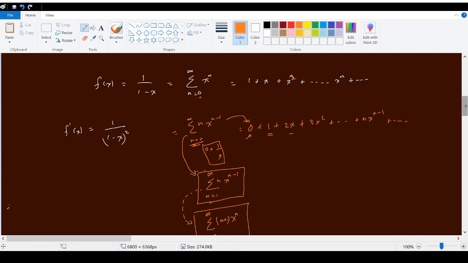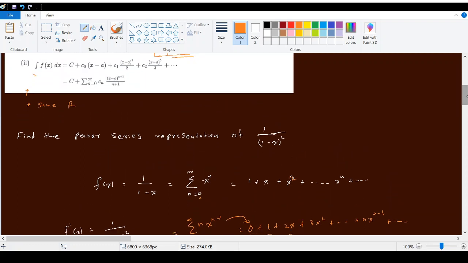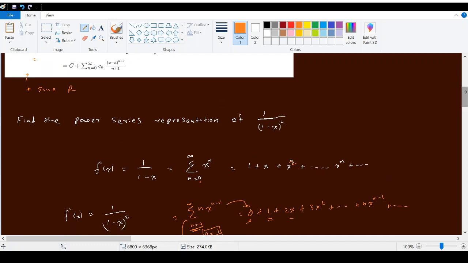Now we have done several things here within this problem, right? The first and the most important thing is to know that the function representation of this power series can be differentiated, right?